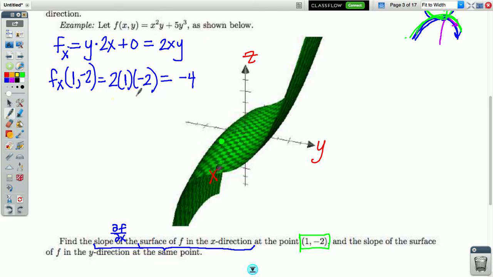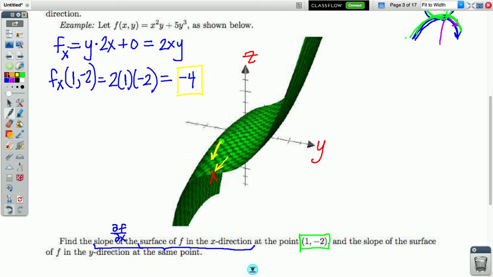Now, we just found a slope of -4 in the x direction. In other words, walking in this x direction, my slope is -4, which is a little bit hard to see from this picture, but tells me that from this point, if I'm walking in this direction, I'm walking downhill. I'm walking down a hill if I'm just walking in this direction.